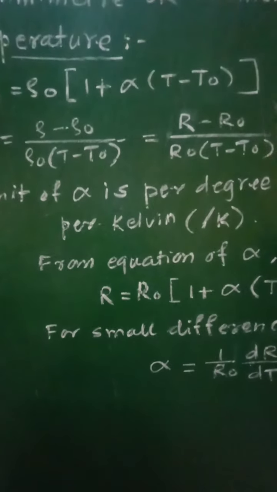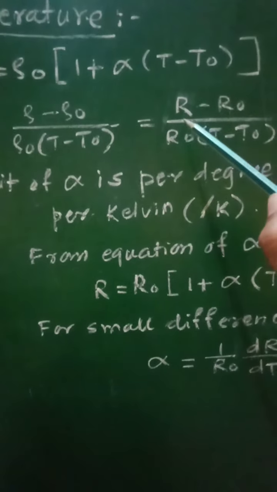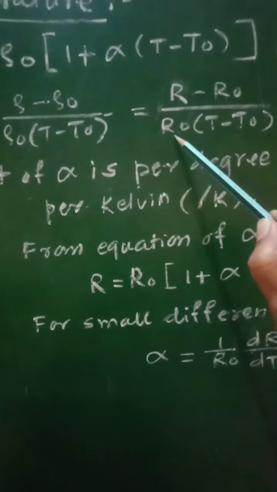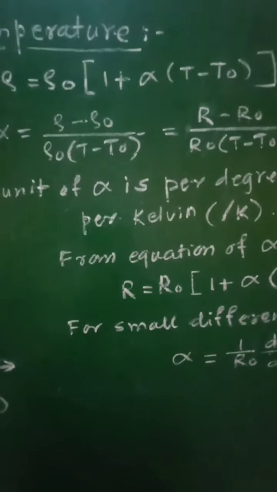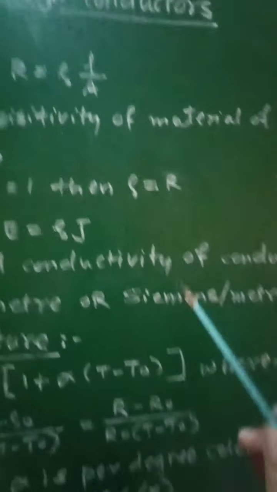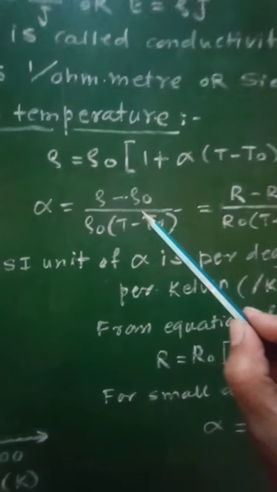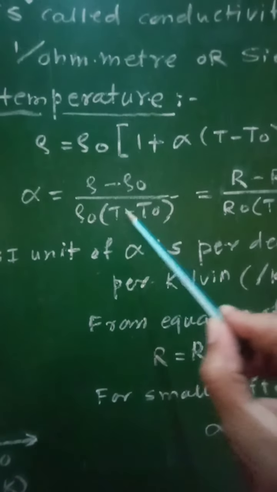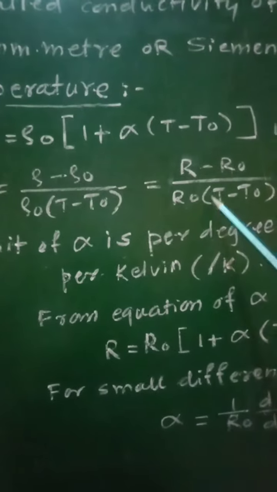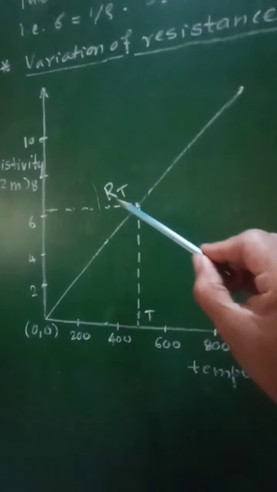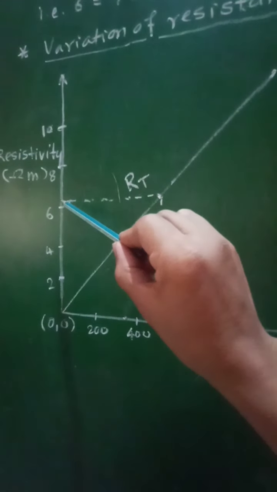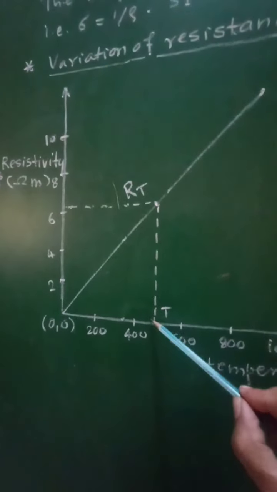In terms of resistances, that will be written as R minus R0 upon R0 into T minus T0, because we have already seen that rho is proportional to R. So this will be alpha in terms of resistance, and RT written in this graph will be equal to the resistance at temperature T.